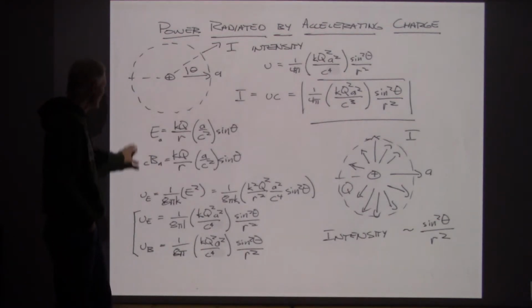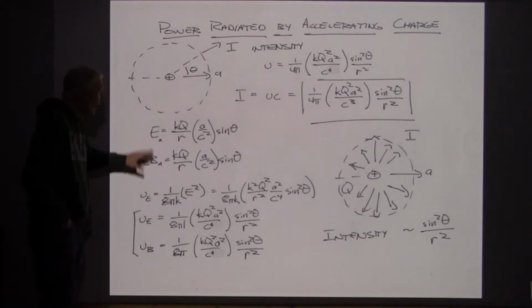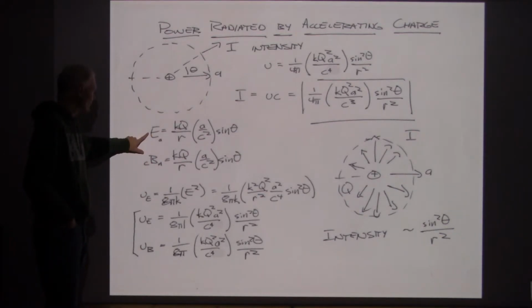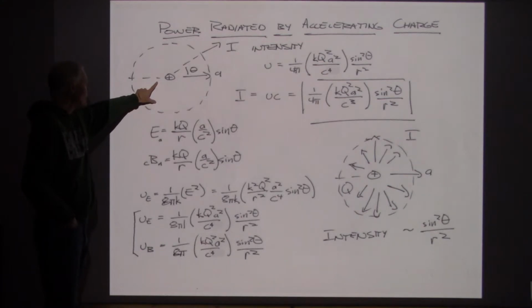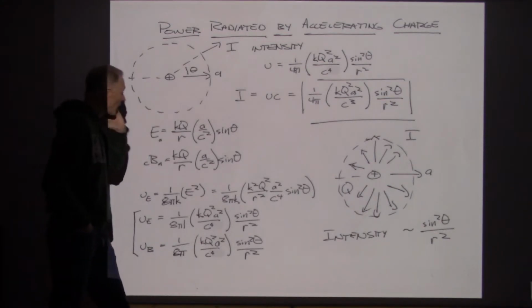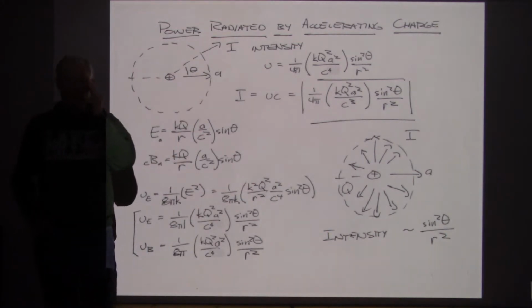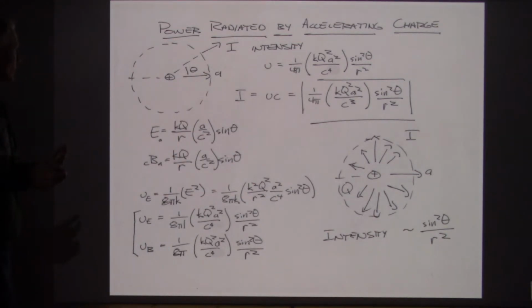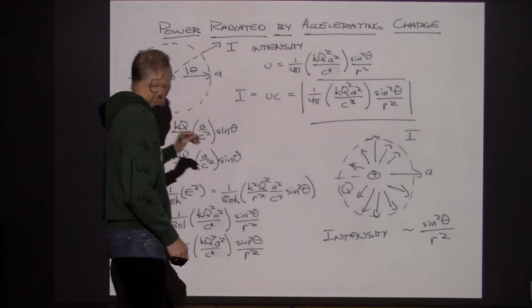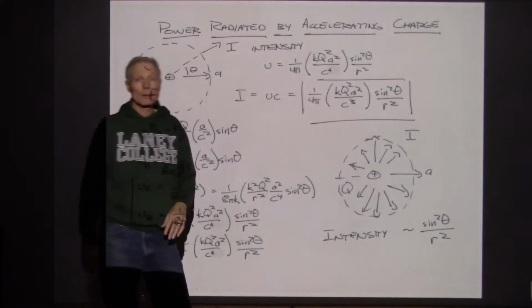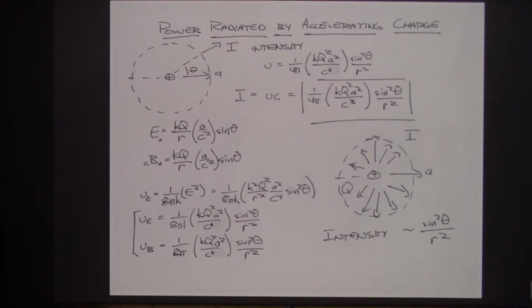So what we can do is algebraically write down what the energy density is for the electric fields coming off of that charge, and it's going to be given by 1 over 8 pi k squared, q squared, so it depends on how much charge we have, and it depends on what the acceleration is, squared, and it depends on sine squared theta.